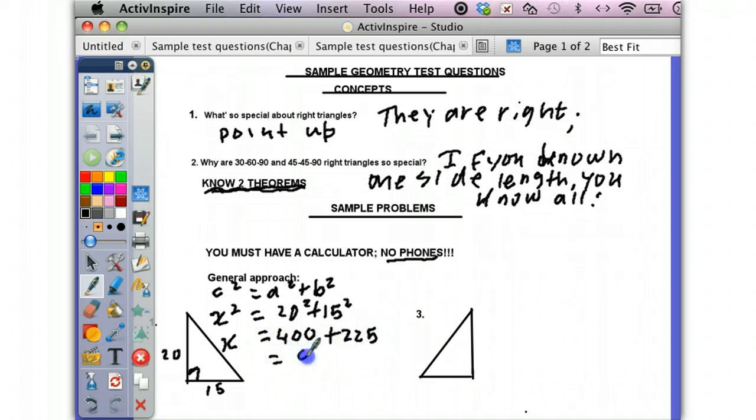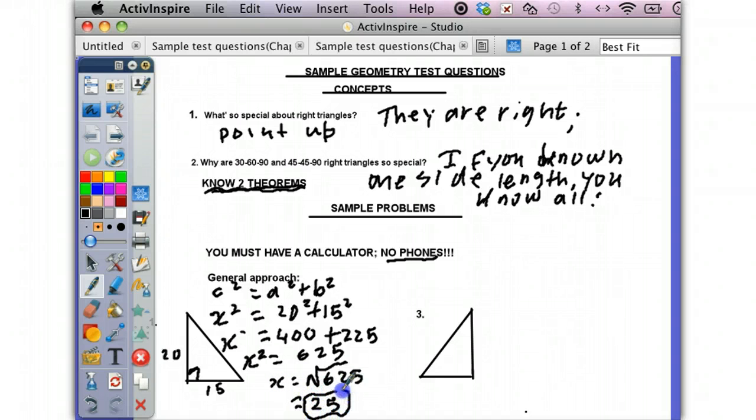So this would give me 625. So let me stop for a minute. Tiffany, if I've got x squared is 625, how do I find x? Square root of 625. Absolutely. Square root of 625. Anybody remember that right off? It's going to be 25.